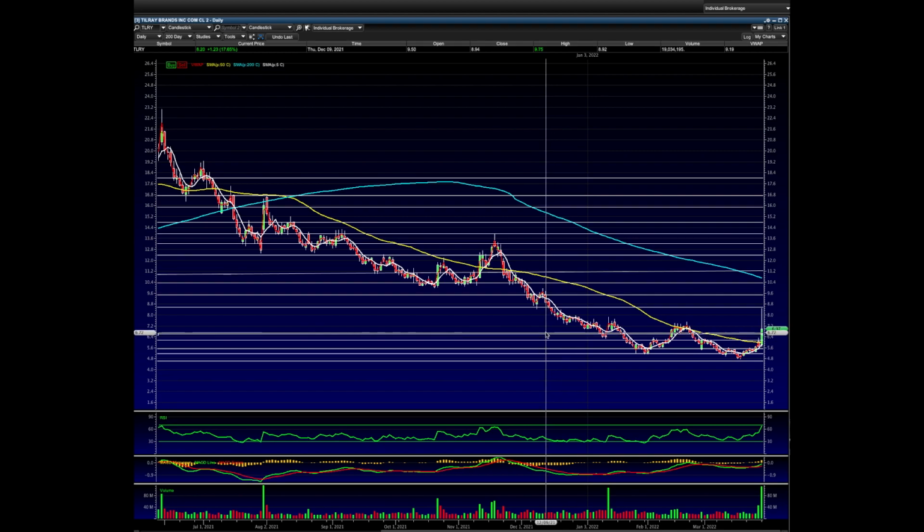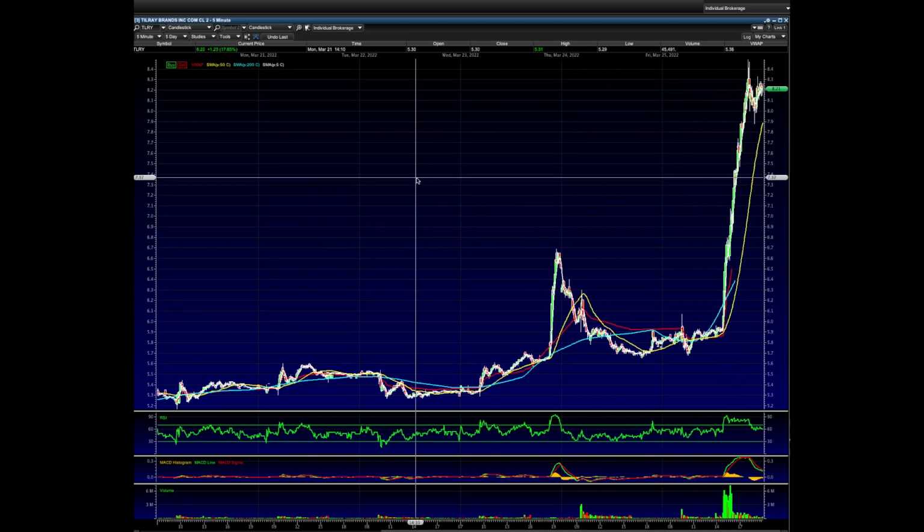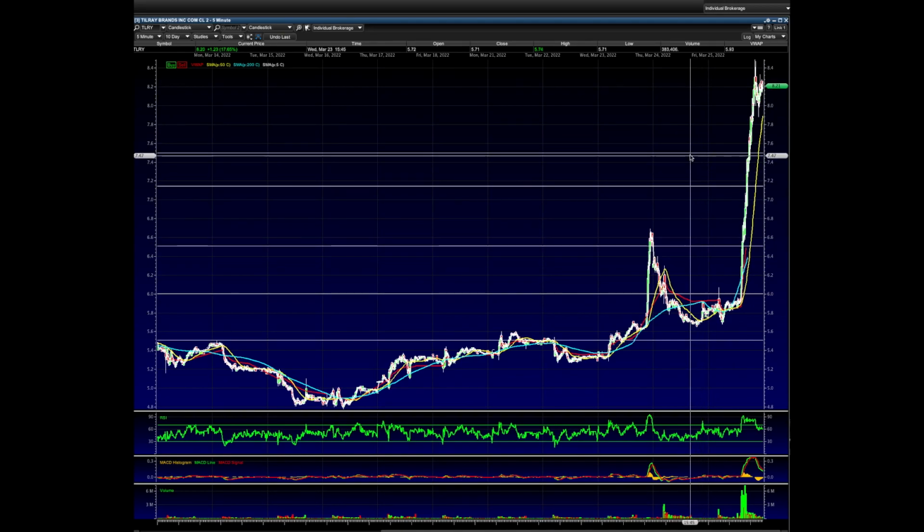So support levels on the bottom, I'm going to go with, let's see, 8 is going to be the one. We got to look at the 5-day to get the feel for the initial ones. No, I got it on the 10-day actually.